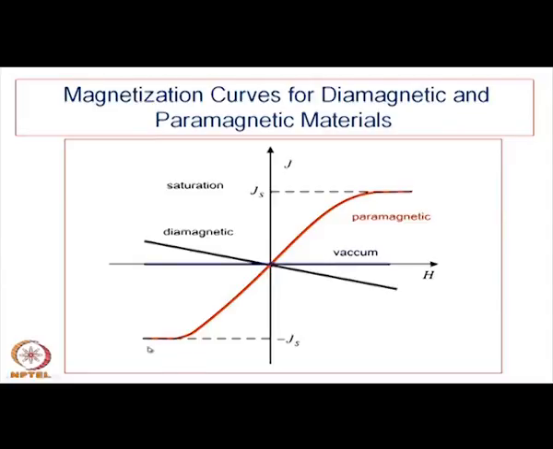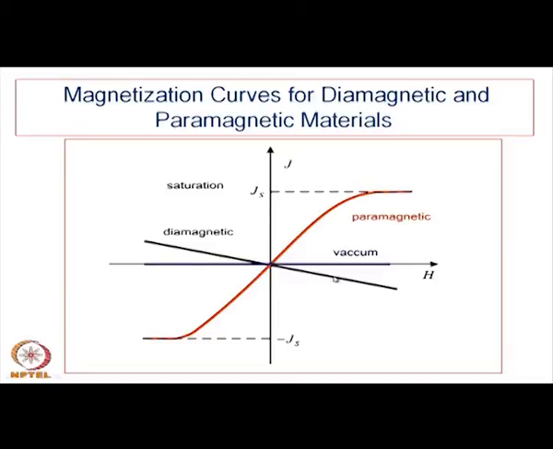However, there is one difference between the two. The red one is the paramagnetic material, with a positive slope, and the black one is diamagnetic, with a negative slope.